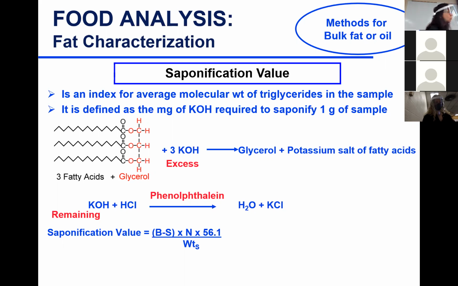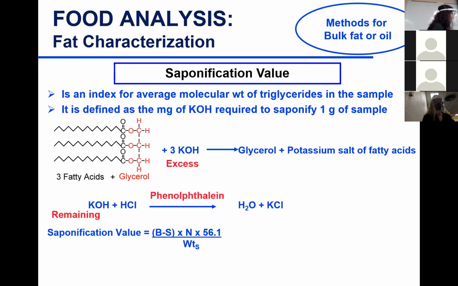56.1 is the molecular weight of KOH, and it's blank minus sample. It's the same situation here. Your blank doesn't have triglycerides, so all of the KOH needs to be titrated with the HCl. Obviously the HCl volume will be the highest for the blank.